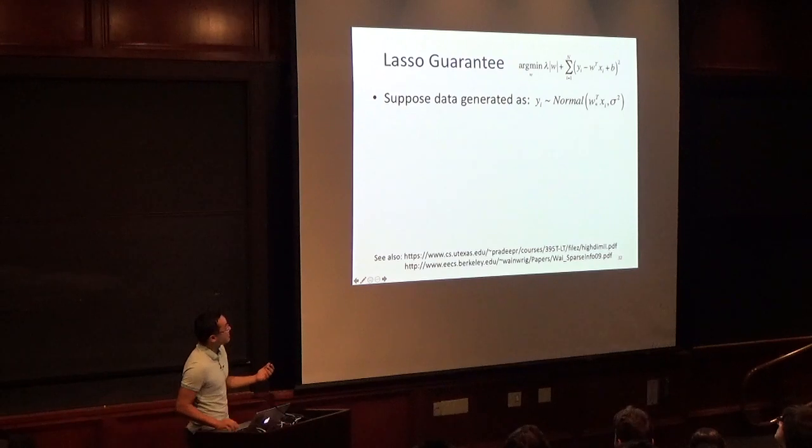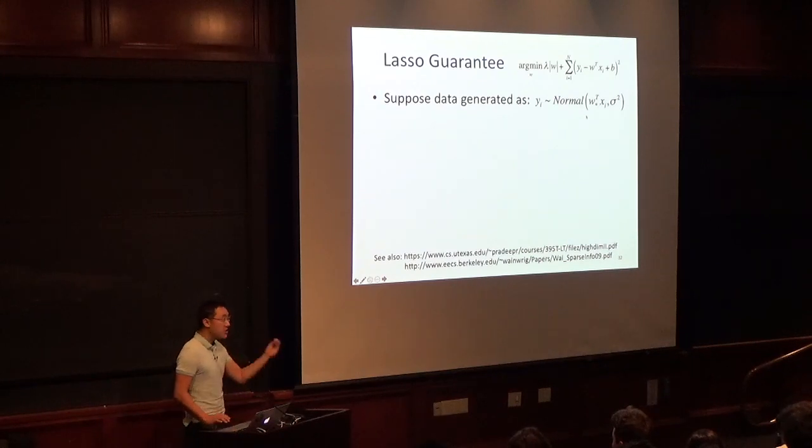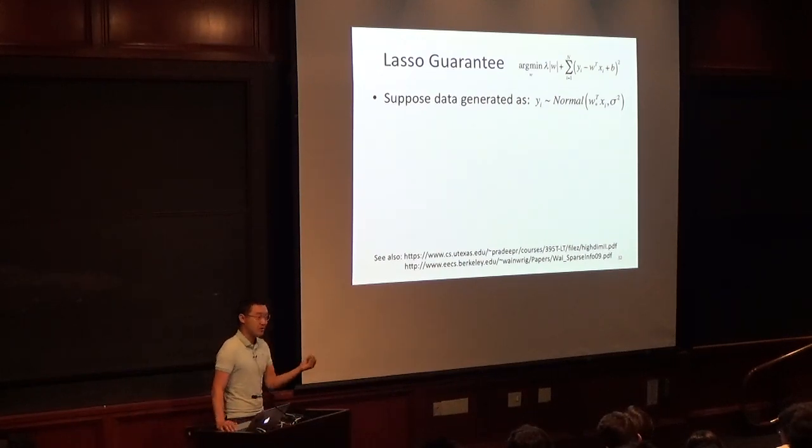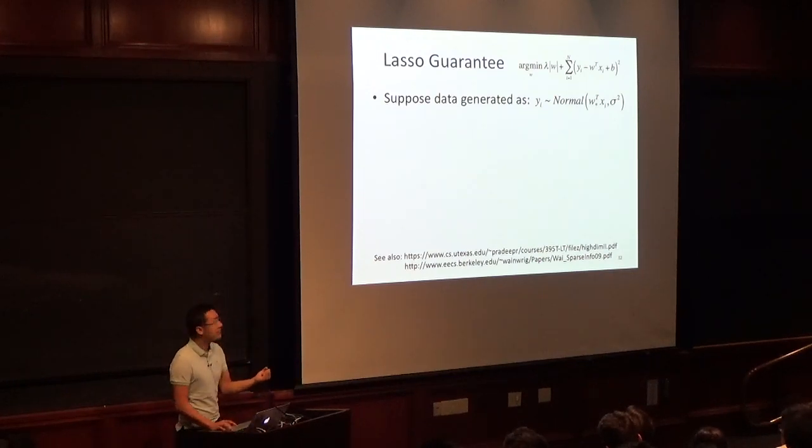So this is an assumption of how the data is generated. And W star is truly sparse. And we care not just about predictive accuracy, but which entries of W, when we estimate W from W star, are actually non-zero. We care about that for reasons of interpretability or some other reason.